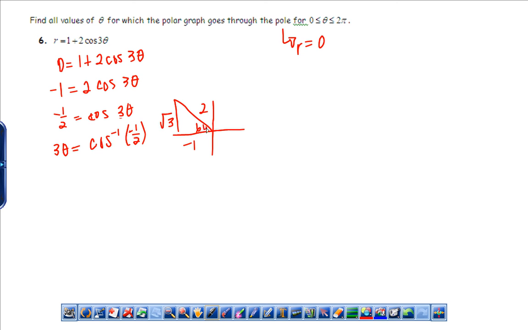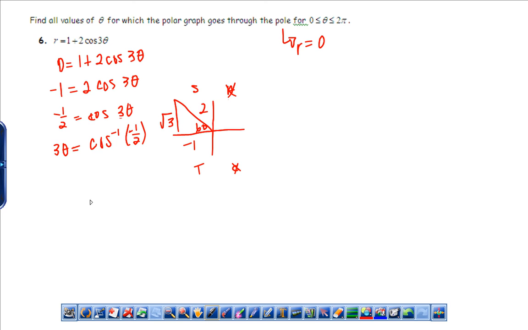So that's a 60-degree triangle. And that's going to be right here if we do all students take calculus. So it can't be in your first or your fourth quadrant, so we're going to have one in your second and your third quadrant. So if it's a 60-degree triangle, then that's going to be 2 pi over 3.